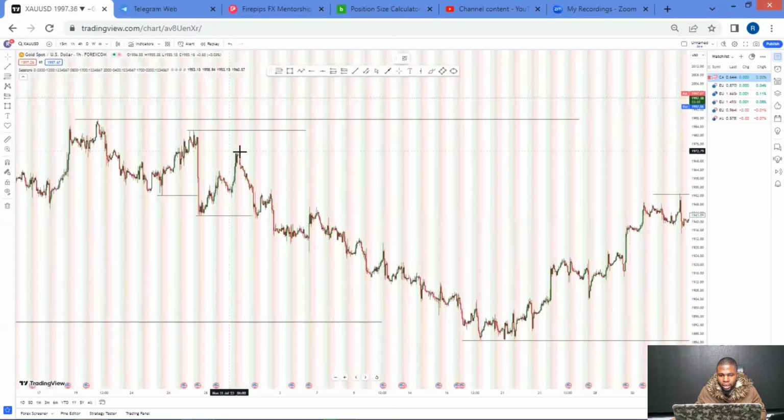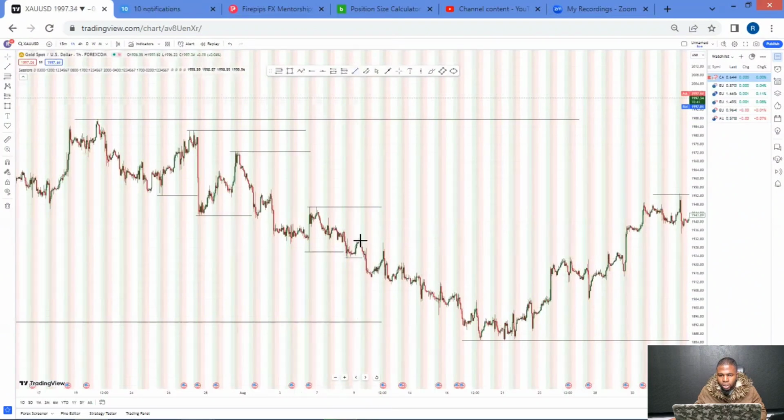Then created this high. Then sorry, created this high. And this high created this low. Then this low. Then this low created this high. This high. Then this high created this low. Then this low created this high.